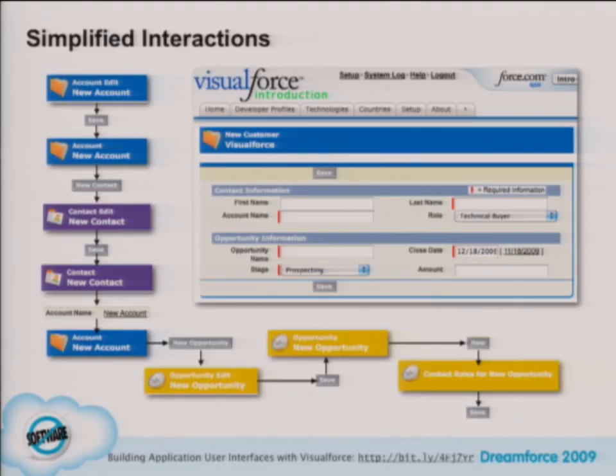And with Visualforce, you can take this, which if you count it up is 8 clicks, 8 clicks of a save and a change in navigation from one page to another to go from the account edit form to save it to the new contact form to save it back to the account, to the opportunity. All of these things, if you're following, this is the golden path. If you keep going over it a certain way, you have to keep doing lookups, and it can be even worse than this.